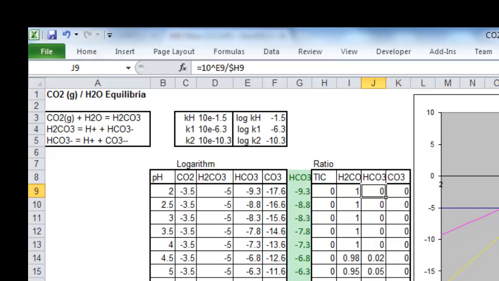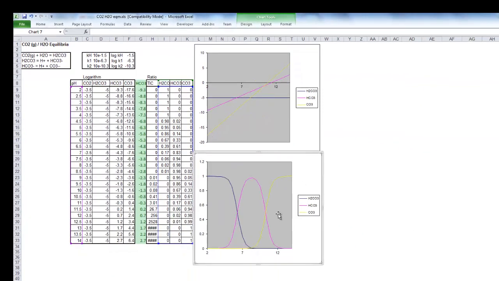And again, that's plotted in this graph, and it shows the shift in inorganic carbon speciation. At low pHs, most of the carbon is in the form of H2CO3. As the pH increases, we get more and more of the carbon being in the form of bicarbonate.